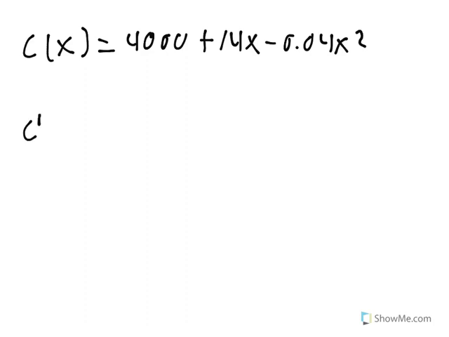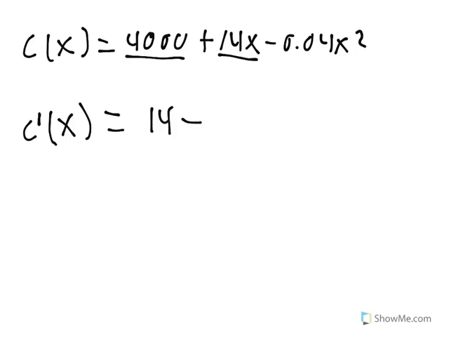So we write the derivative as c prime of x. Now the derivative of a constant, 4,000, is always going to be 0. The derivative of 14x is just the constant in front of x, so it's going to be 14. Now we're going to want to do minus.